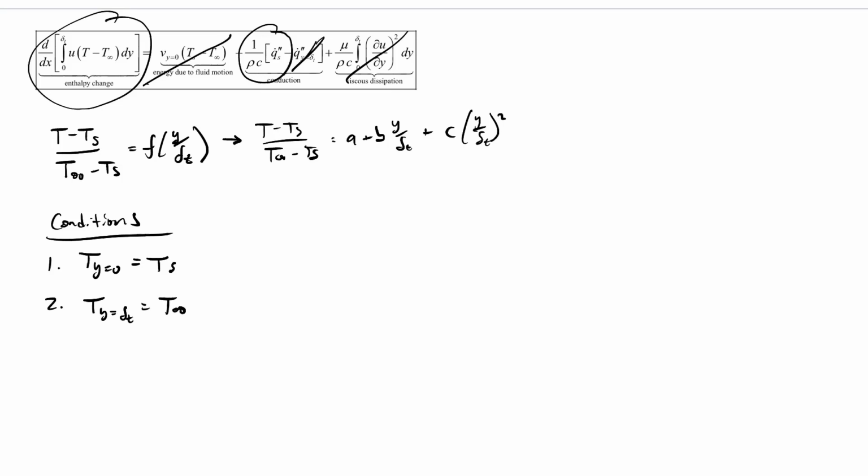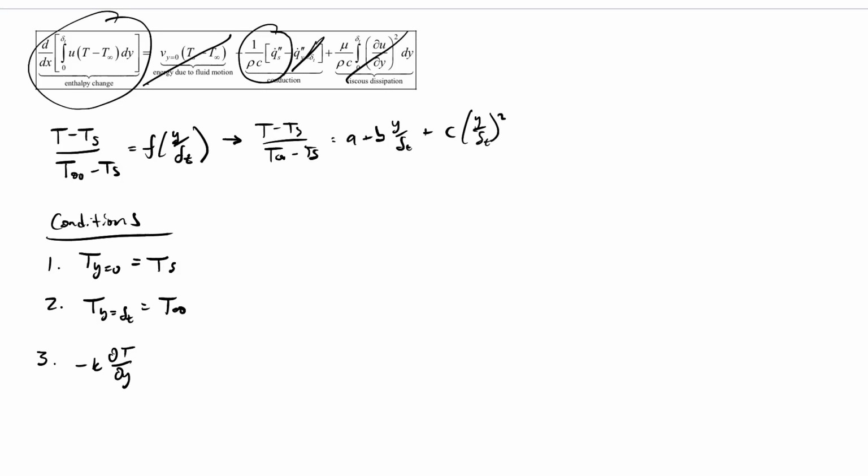The third thing we might want is, again like the shear stress, where at the edge of the boundary layer we want that to be 0. At the edge of the boundary layer, we probably want heat flux to be 0. We probably don't want conduction occurring at the edge of the boundary layer, at least for the flow that we have. So that's going to be minus K dT/dy, our heat flux given by Fourier's law in the fluid.